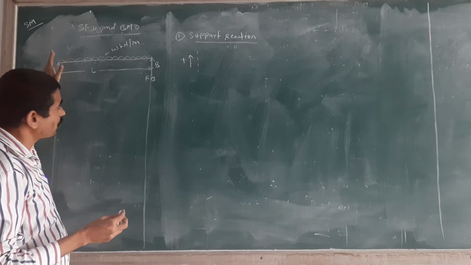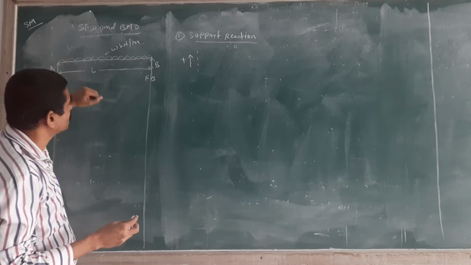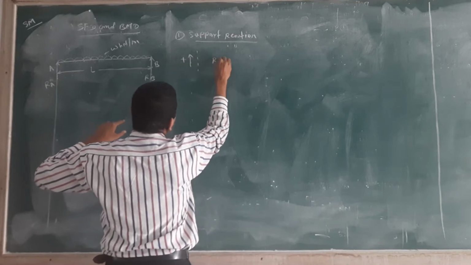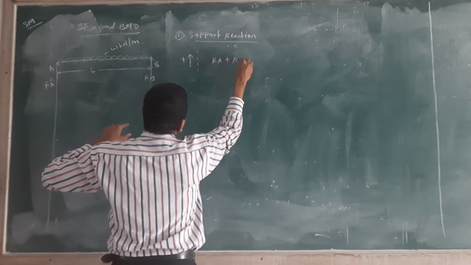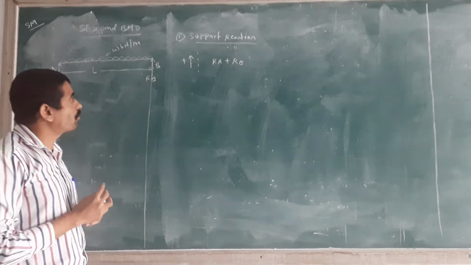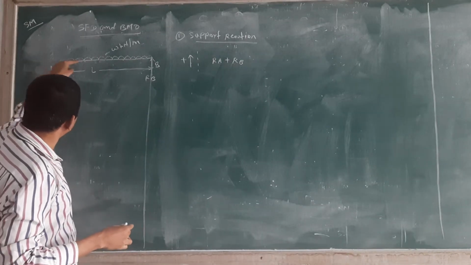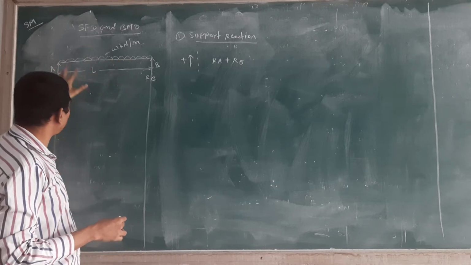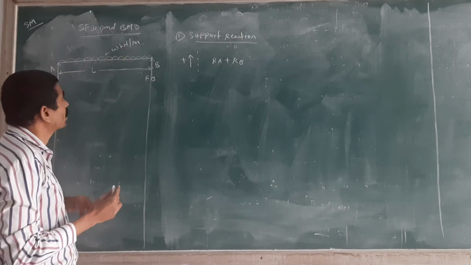RA is going in the upward direction, so we consider it positive. The summation is RA plus RB, because both are going in the upward direction. And there is one more force applied, the UDL, W, on the beam.